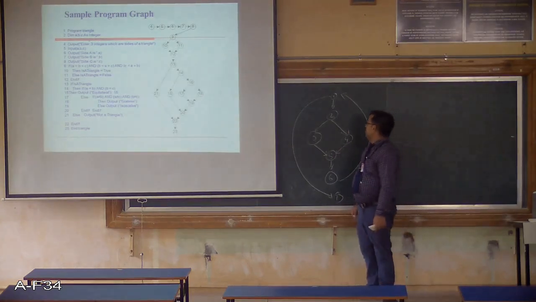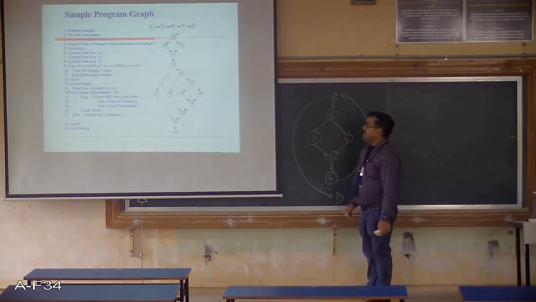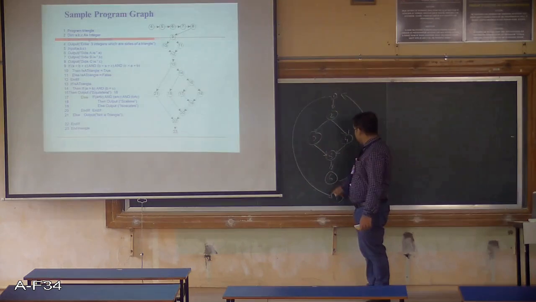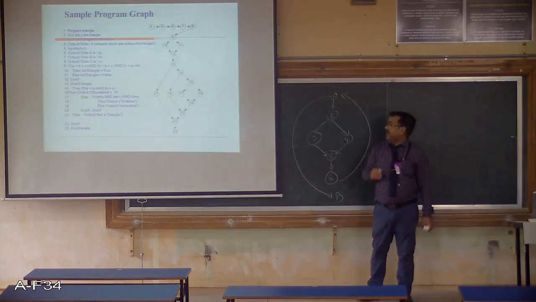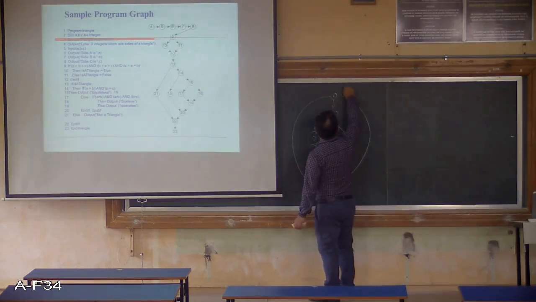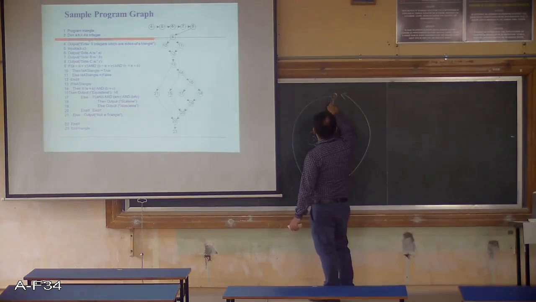So we can have different paths. One path is from 1 to 7 directly, going from the begin to the end. There can be another path, say 1, 2, 3, 5, 6, and then 1 and 7.